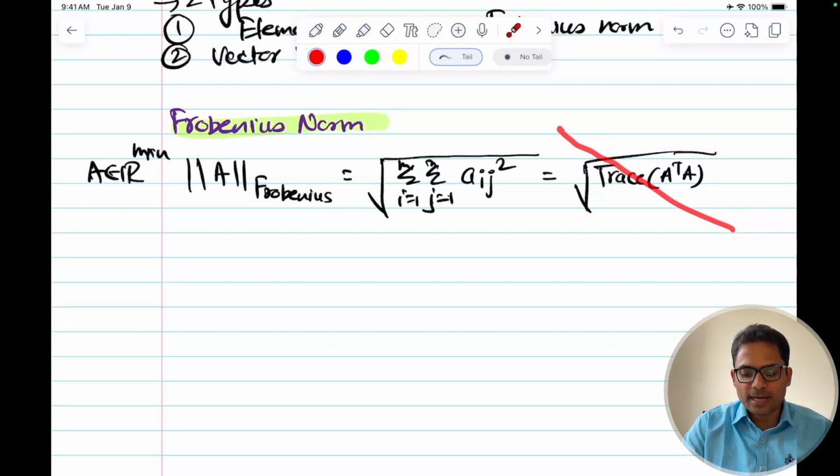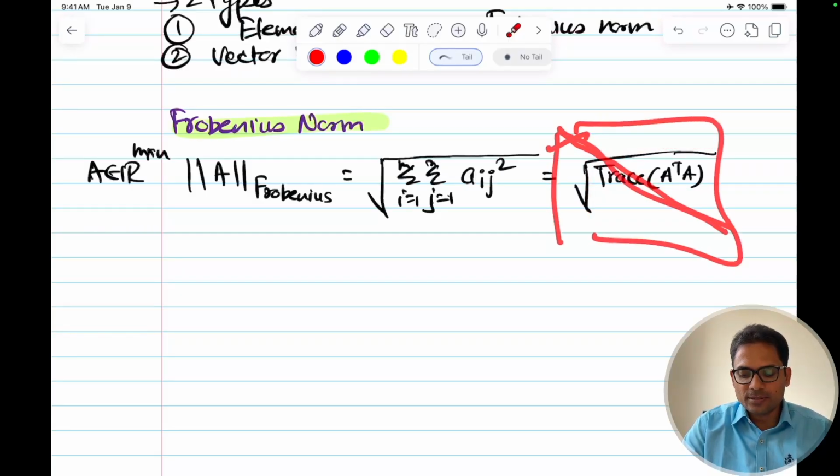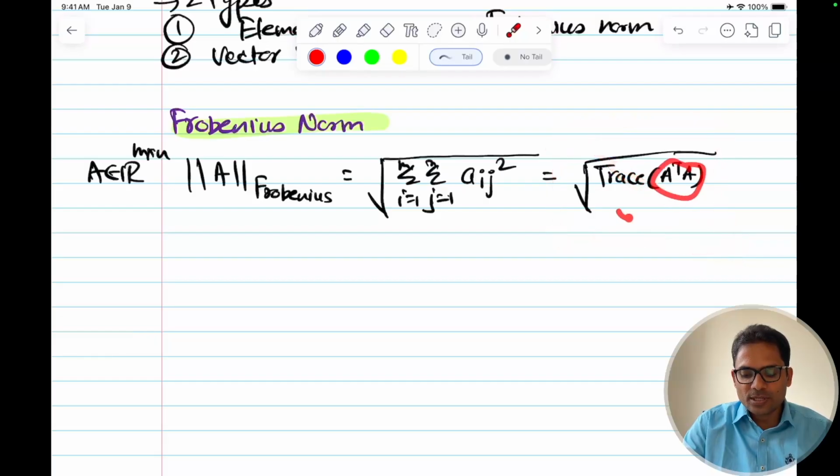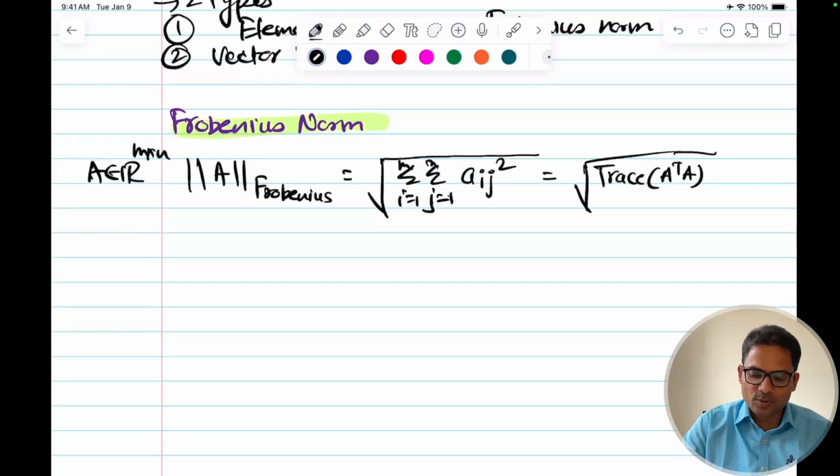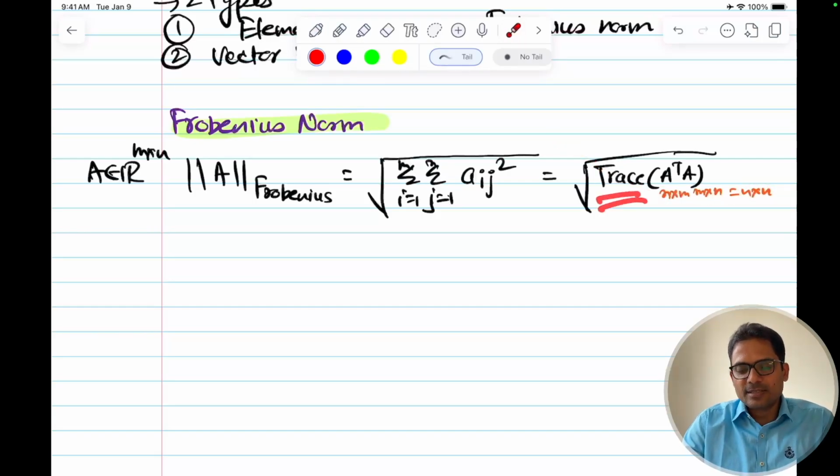The trace means the diagonal of the matrix, and the diagonal is only defined for square matrices. A transpose A becomes a square matrix automatically. If A is m cross n, then A transpose is n cross m, and A is m cross n, so A transpose A will be n cross n. So this becomes a square matrix, and now the diagonal is defined, since trace is defined only for square matrices. If you sum up all of them, you will get the Frobenius norm.